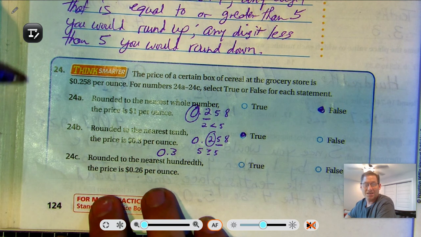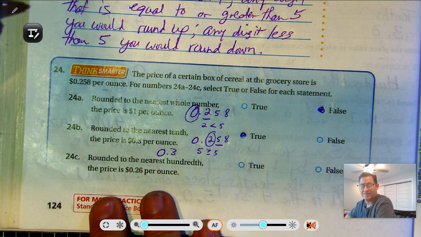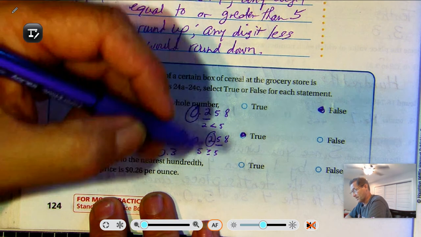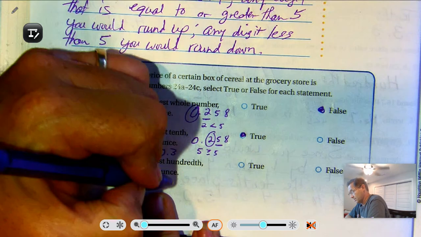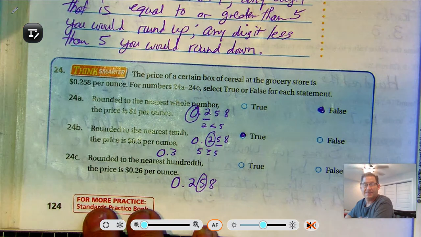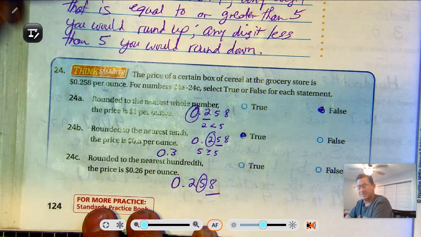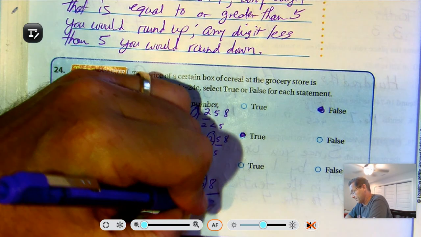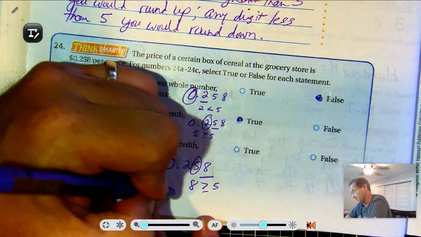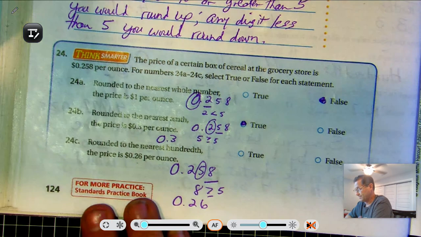Rounded to the nearest hundredth, the price is 26 hundredths of a dollar per ounce. So the 5 is in the hundredths place. Underline the digit to the right. Compare it to 5. 8 is greater than or equal to 5, so round the digit that we circled up by 1. So that's true.